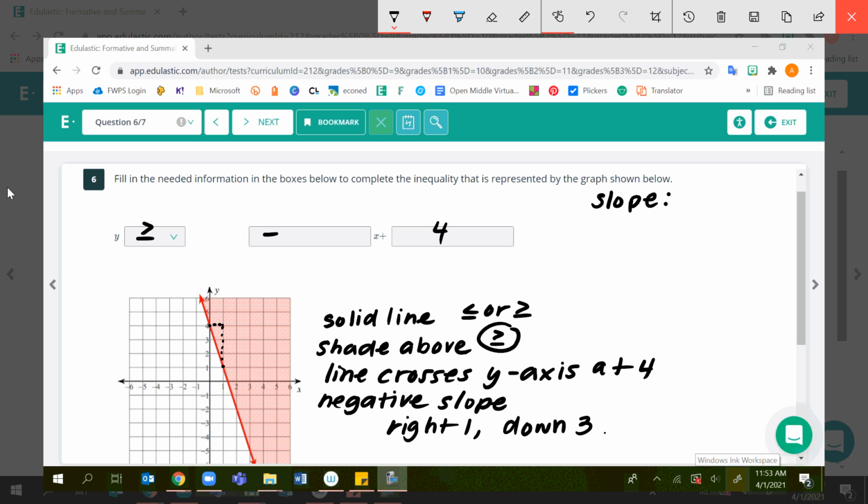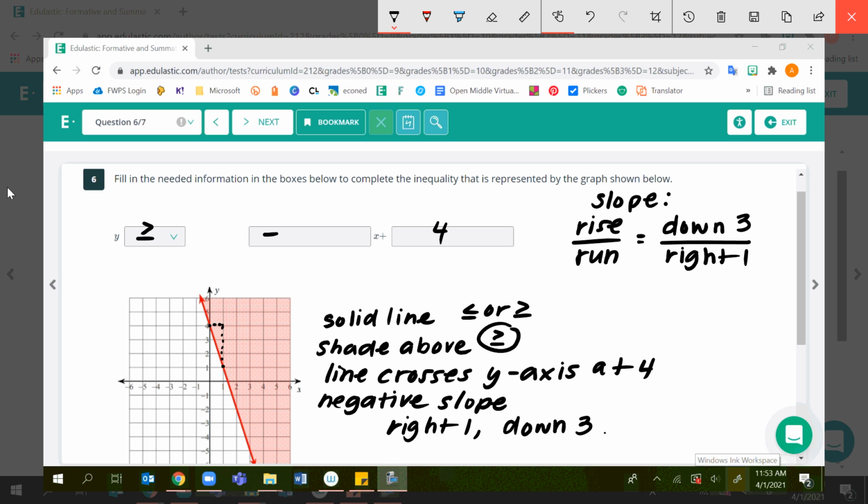Let's remember some things about slope. Remember that slope is written in the form of rise over run. So let's break this down. I know I needed to go down 3, so I need to put that number on the top. And then my run is always your left or right direction. We went to the right 1. Okay.